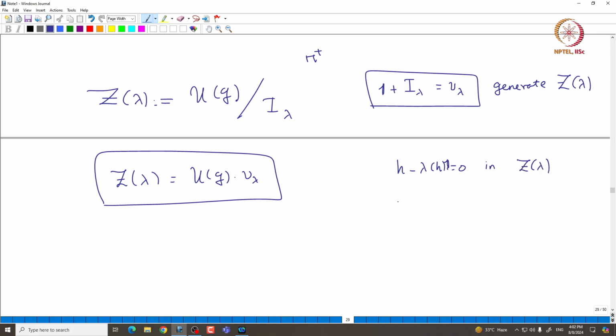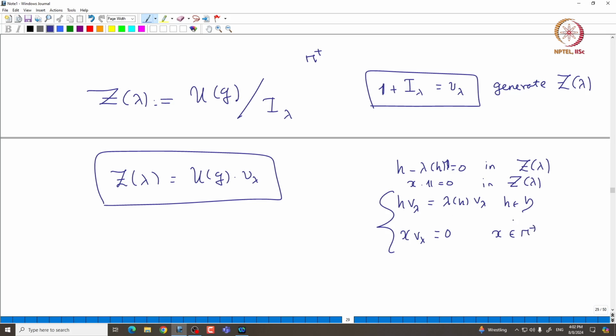That simply translates, when you apply H on v lambda, to exactly lambda of H v lambda. Similarly, X v lambda is killed inside Z lambda, so X v lambda must be 0, and this is true for all H in the Cartan subalgebra and X in n plus.